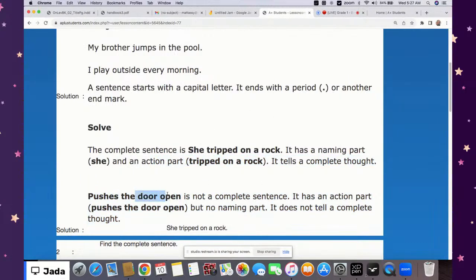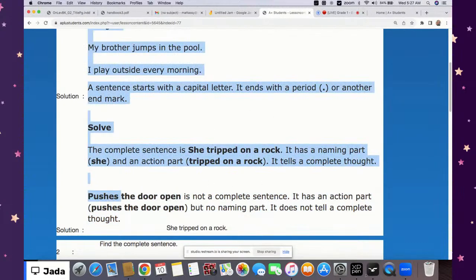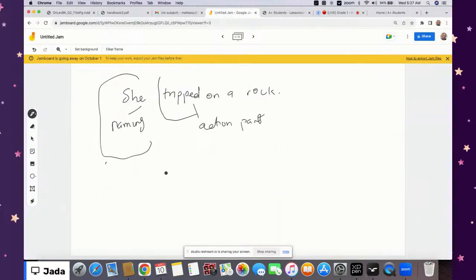Pushes the door open. So we have pushes the door open.